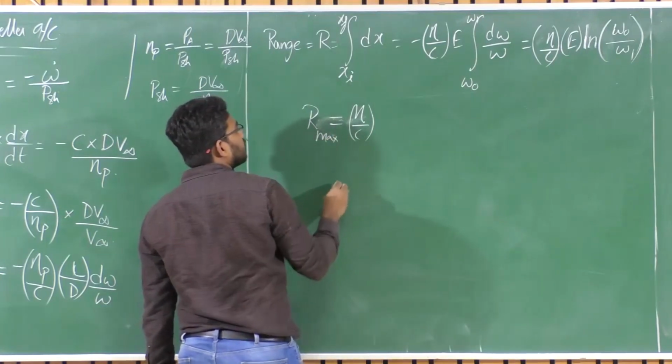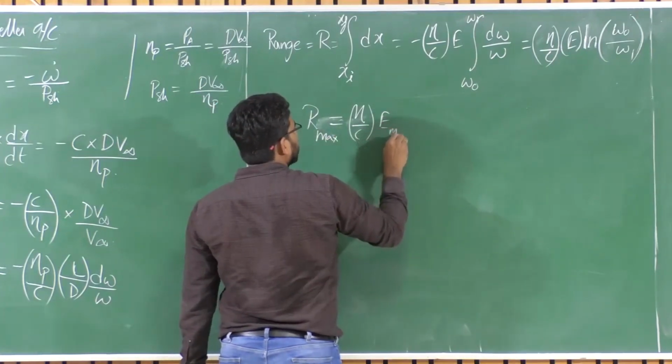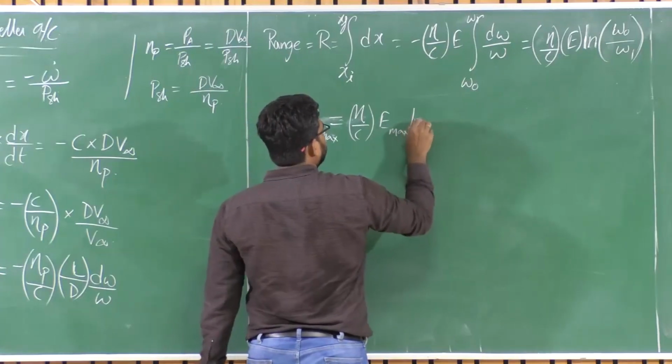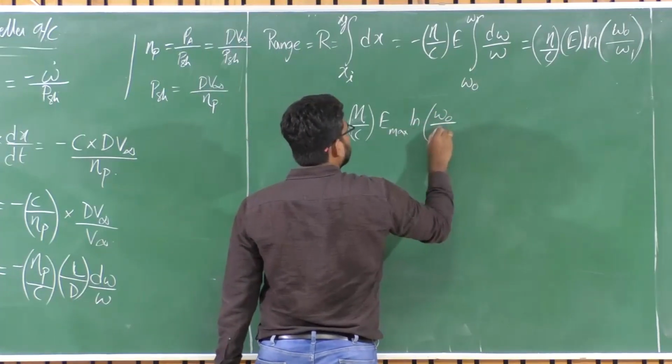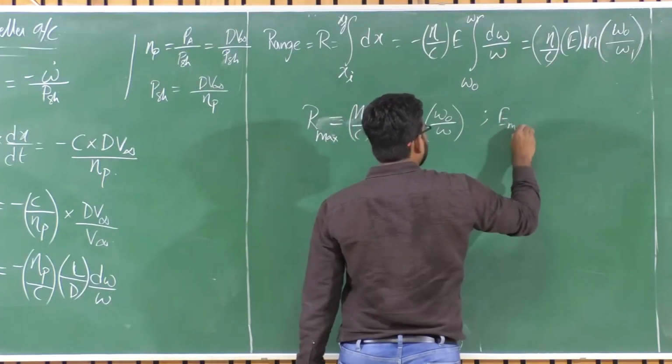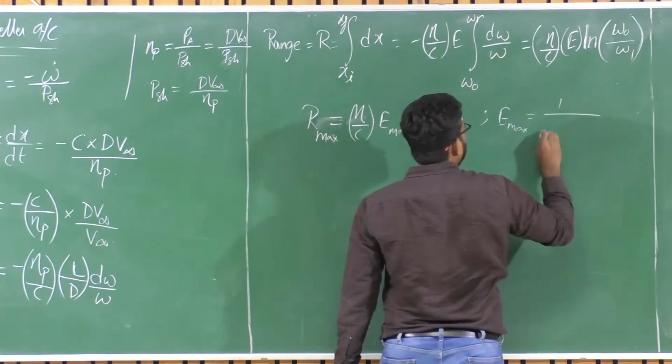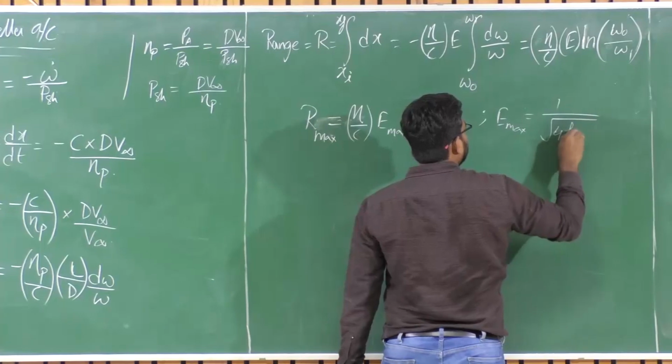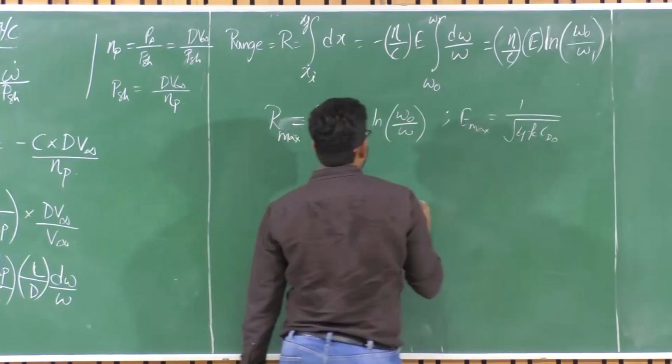That is our range equation. The maximum occurs when E is maximum, times ln of W naught upon W1, where E max is 1 over root over 4k CD naught.